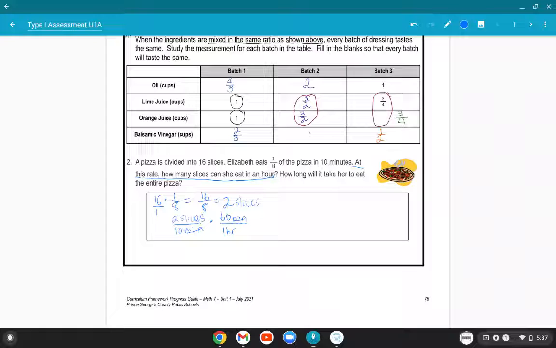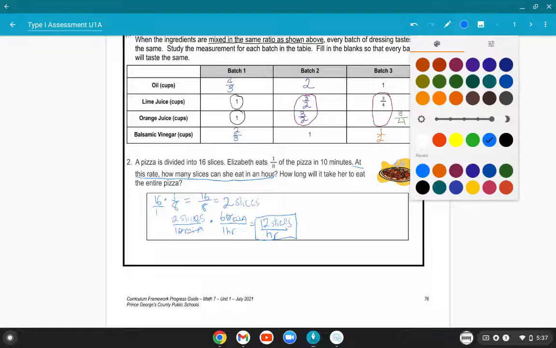Cross out the minutes because we have a top and bottom. Cross out the zeros. So this means we have 12 slices per hour. Okay? This is our first answer, or the answer to the first question.